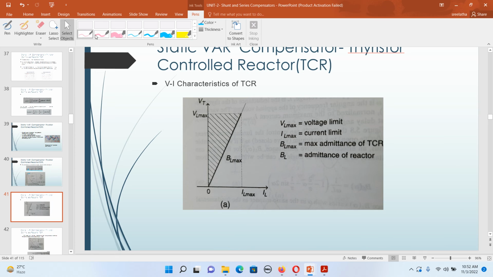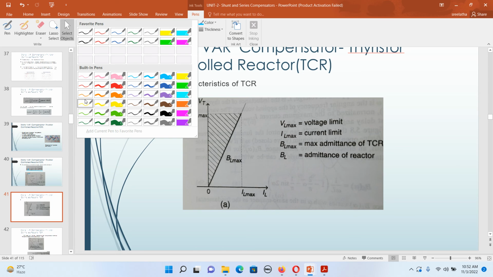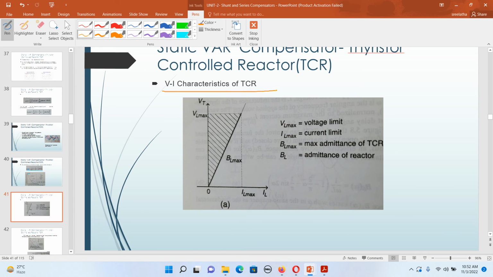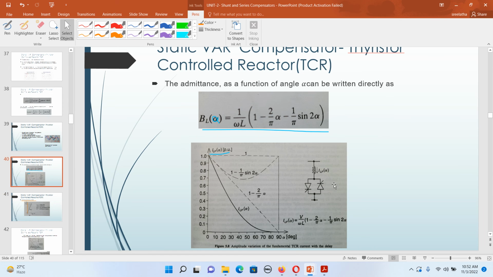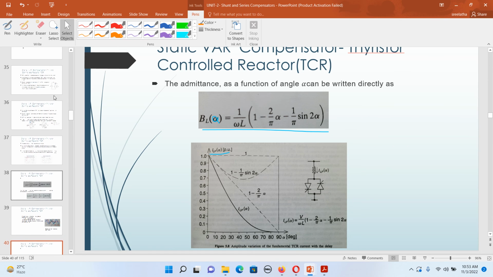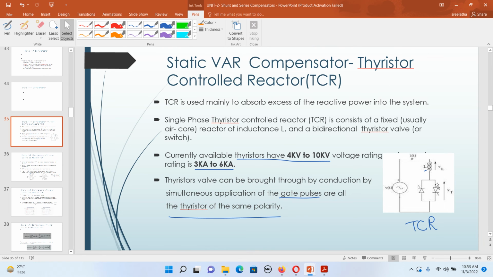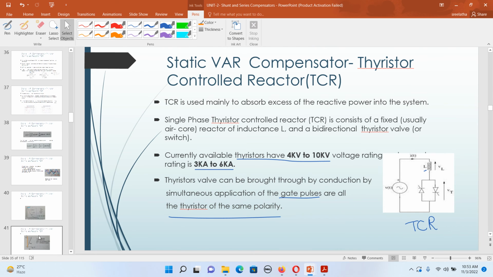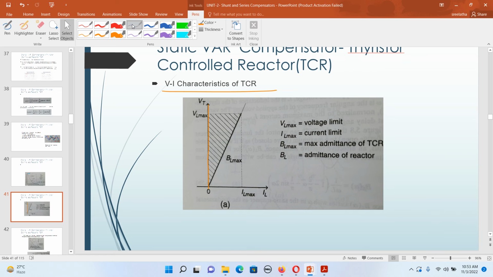Okay, and this is very important, girls. You have to know the VI characteristics of TCR. Remember, this is a reactor. You'll see a capacitor also, but this is a reactor. So we are drawing the voltage across the thyristors. This is VT, and then the current through that.